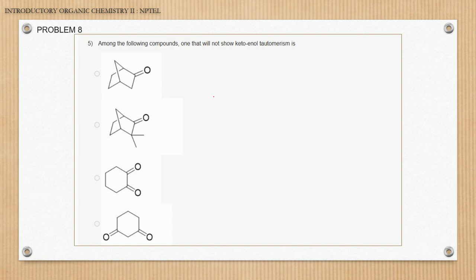So now just quickly tell me which compound is not going to show keto-enol tautomerism. Option B. Second option. Option number 2. Okay. Any other answer? Okay, so one by one we will go through it. Here, this is the carbonyl carbon, right?